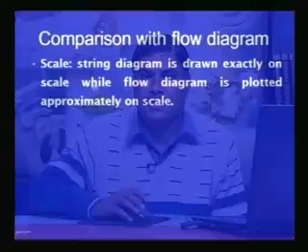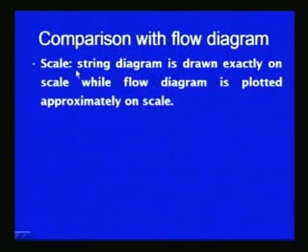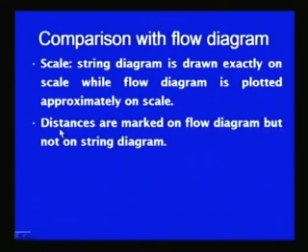The comparison between the flow diagram and the string diagram can be seen in terms of the scale. The string diagrams are drawn exactly on the scale, while the flow diagram is plotted approximately on scale. The distances are marked on the flow diagram, but the distances are not marked on the string diagram.